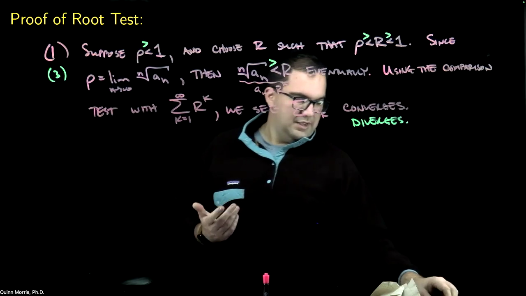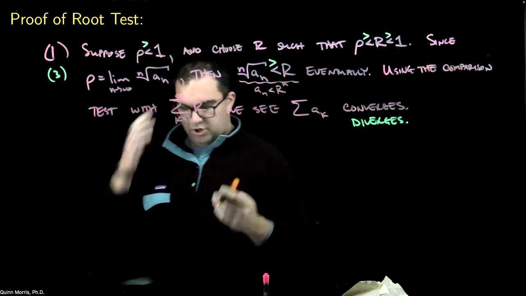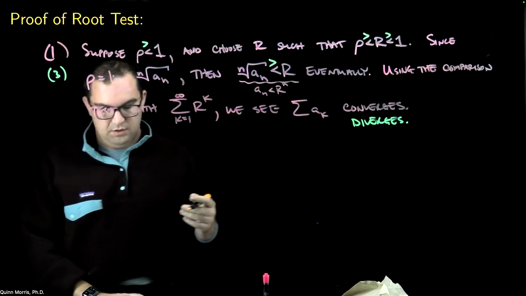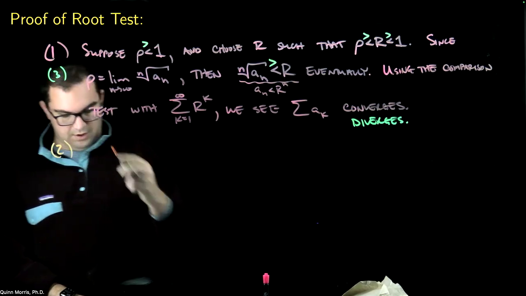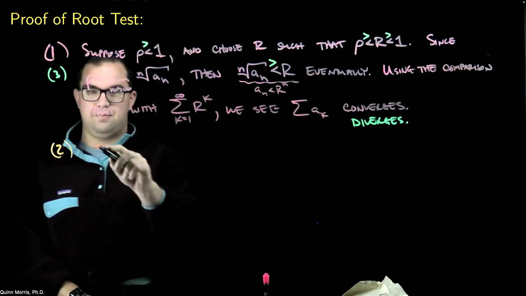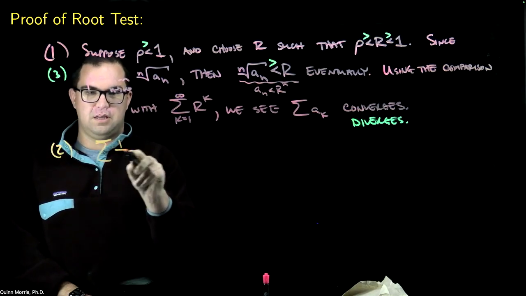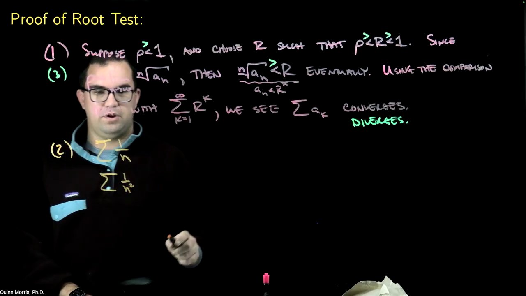Now, the last thing you need is, in the second case, you just want to show that the test fails. Again, there's not a lot to write out here, but you can use the same examples. So if I take the sum of 1 over n and the sum of 1 over n squared.